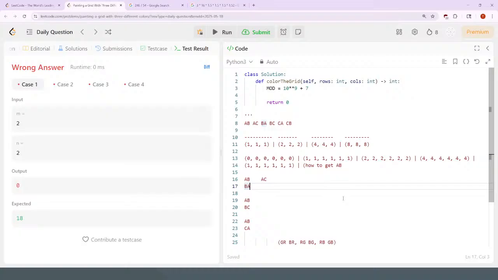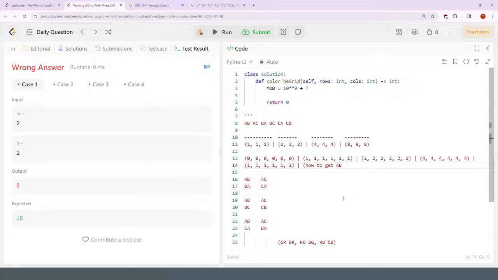A, C, C, A, B, C, C, B, A, C, B, A. Is that enough? I think there's not even a single AB in there.